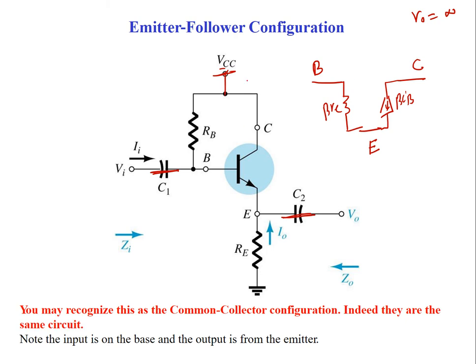The collector is directly grounded, so this is your output side, 0. What is at the emitter point? At the emitter point you have RE. What is at the base end? At the base end we have RB, which is going to the ground, and here you have the input. So that will be the RE model for this case.